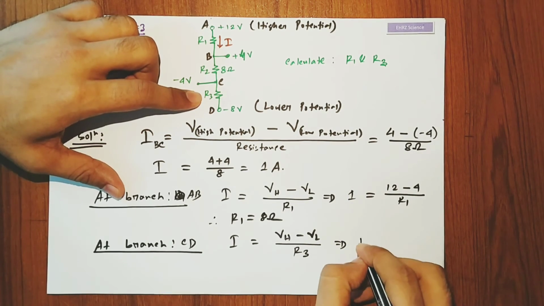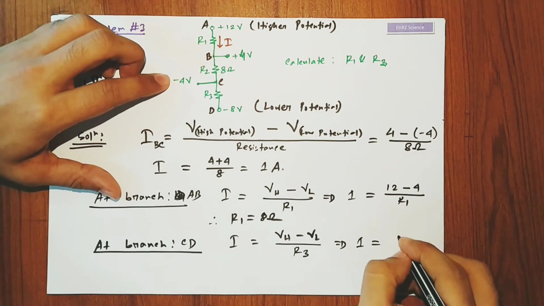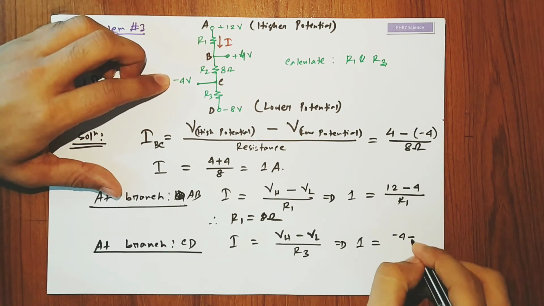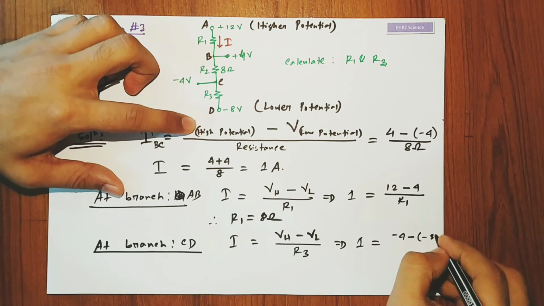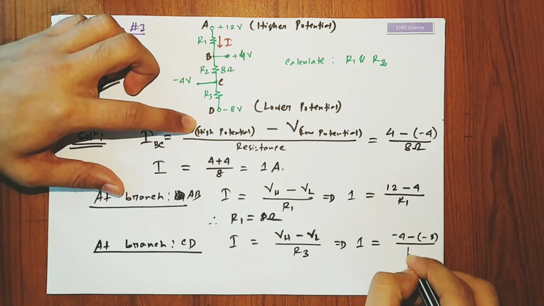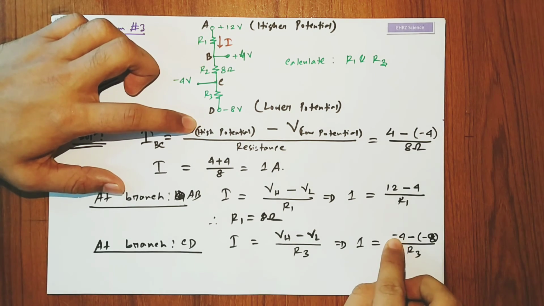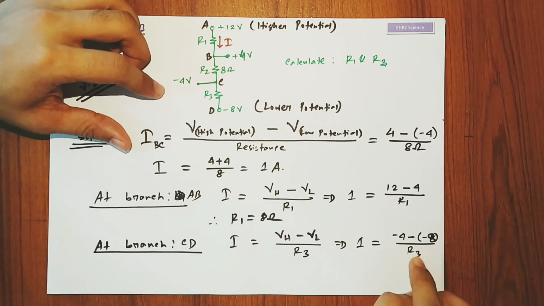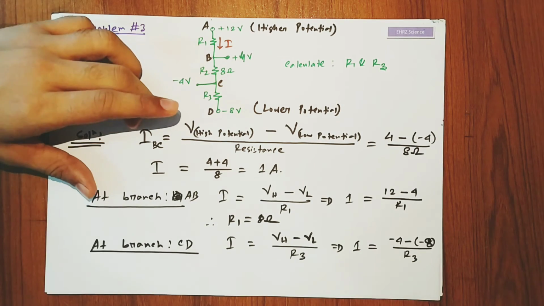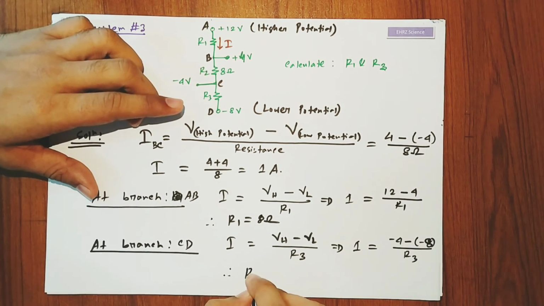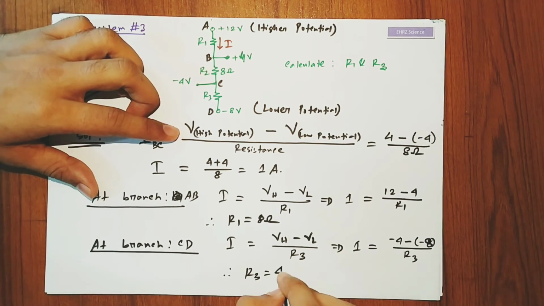Now I is equal to 1, the higher potential value is minus 4, the lower potential value is minus 8, divided by R3. What is minus 4 plus 8? This is 4, and R3 times 1 is R3. So R3 is basically 4 ohm.